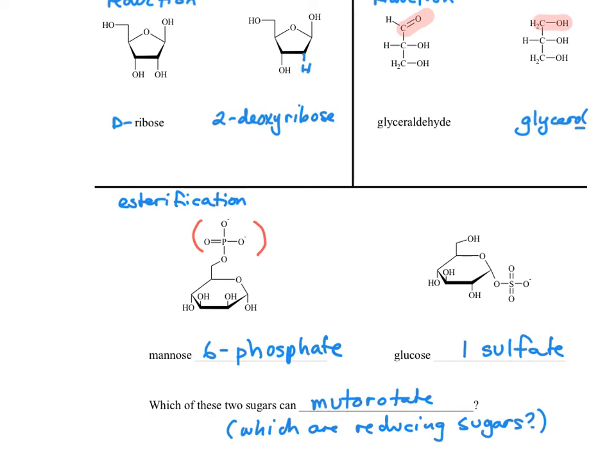So the answer is, to this question, which of these two sugars can mutarotate? This can mutarotate. Let's make a note of that. Over here with the glucose 1-sulfate on the right, however, the sulfate is capping the first carbon. It cannot linearize, and therefore it cannot mutarotate.